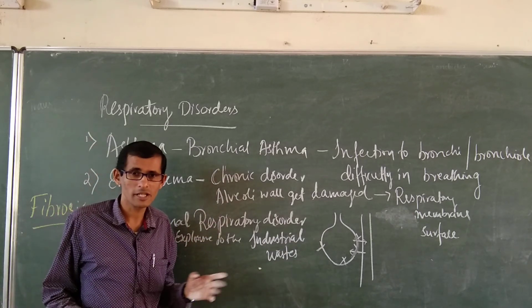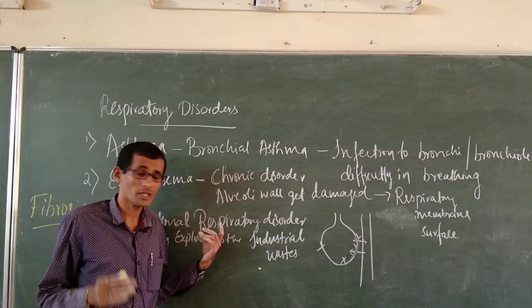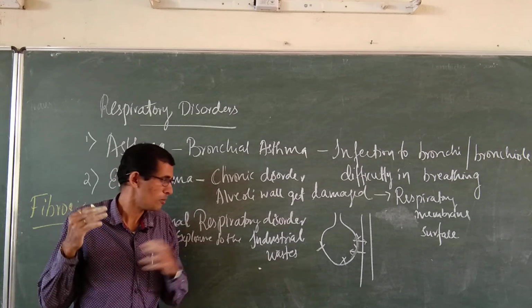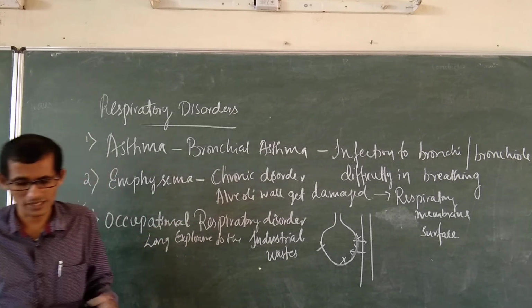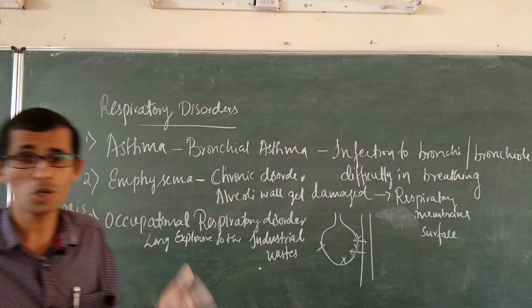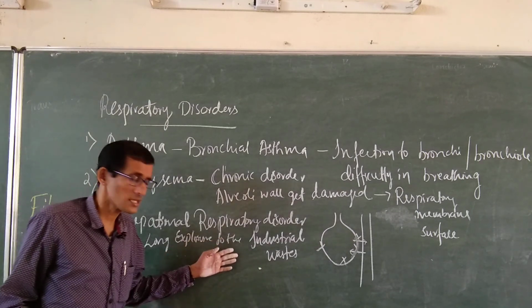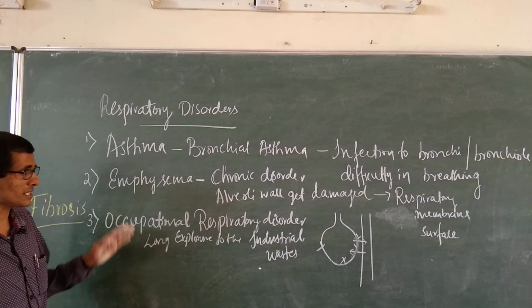Just as we wear masks for COVID-19, they should always wear a mask while working at the workplace. So they can prevent the entry of particles and exposure of their respiratory system to unwanted industrial wastes. So they can overcome occupational respiratory disorder.